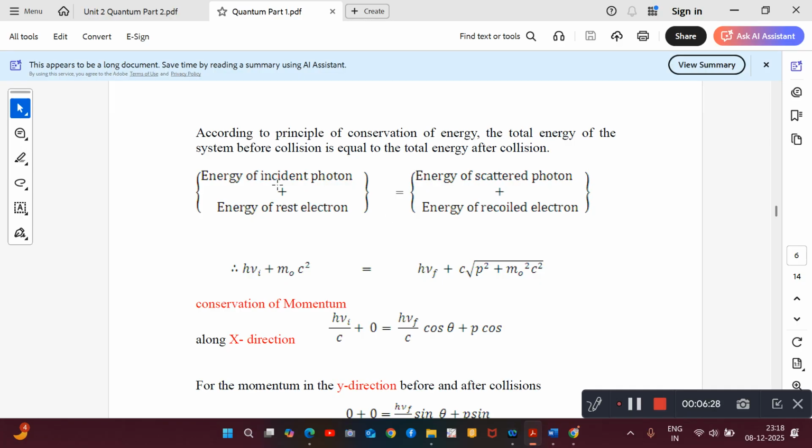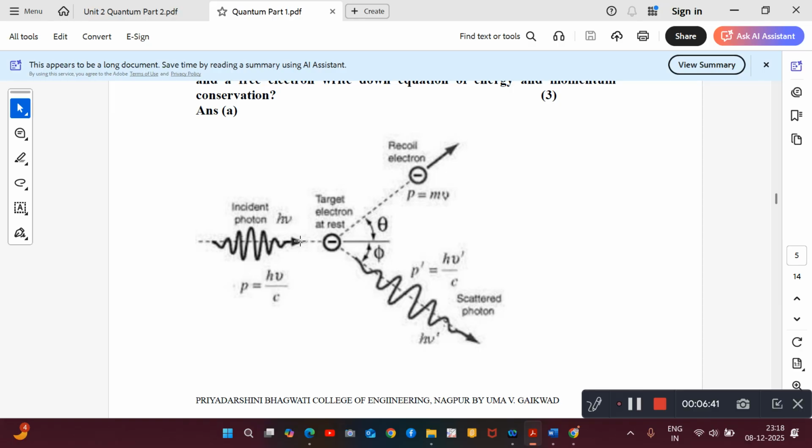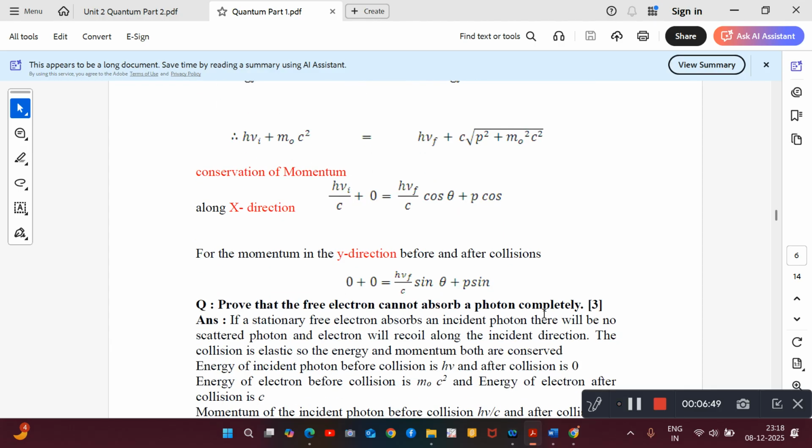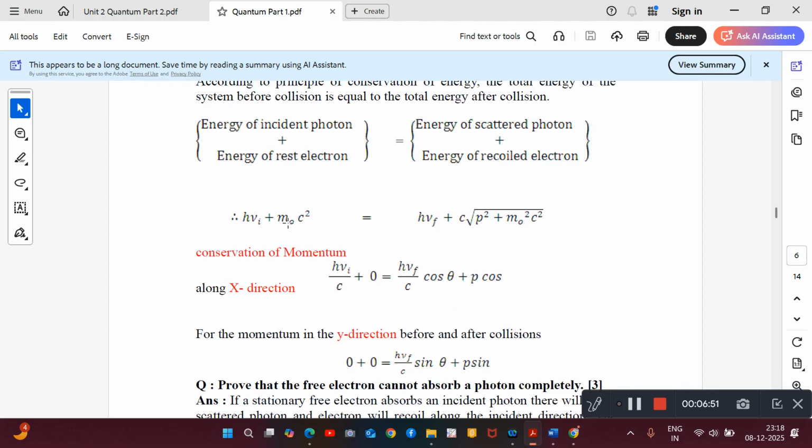Therefore, the energy of the incident photon plus the energy of the rest electron equals the energy of the scattered photon plus the energy of the recoiled electron. From the diagram, the incident photon has energy h nu, whereas the scattered photon has energy h nu dash. The rest energy of the electron is m0 c square.